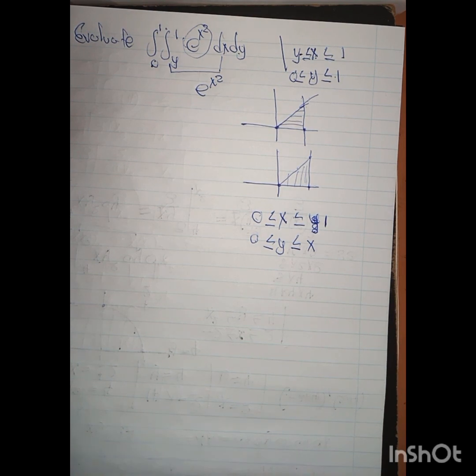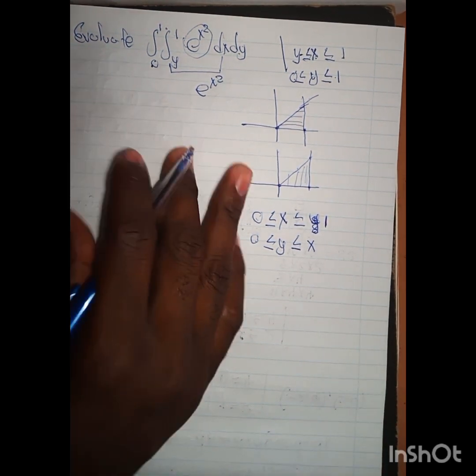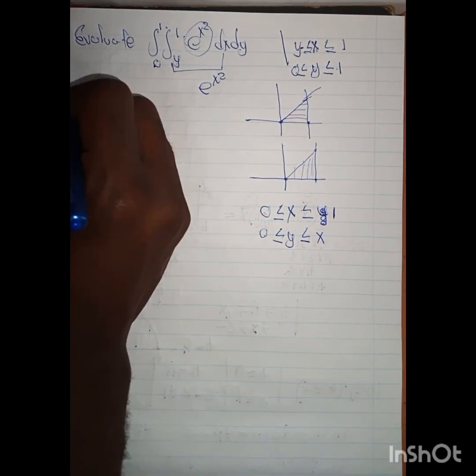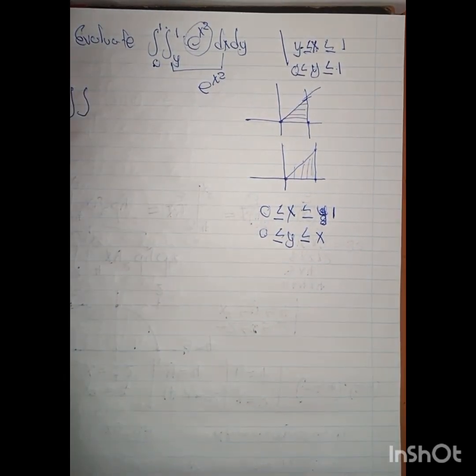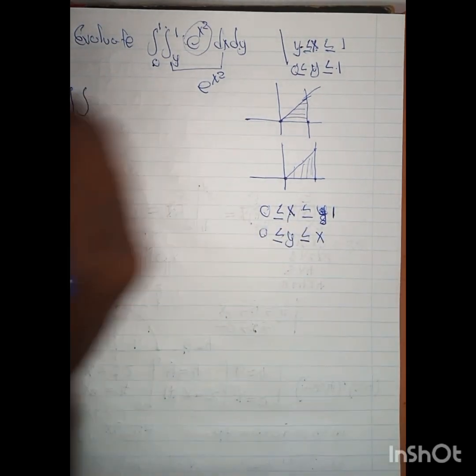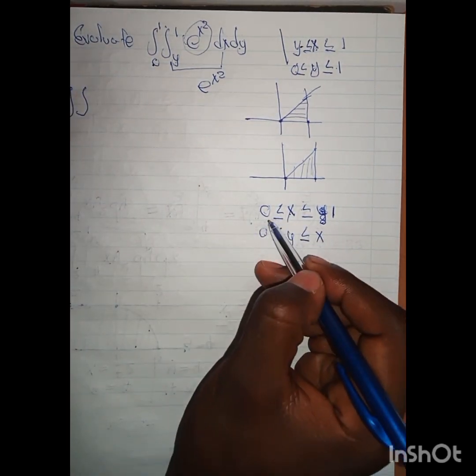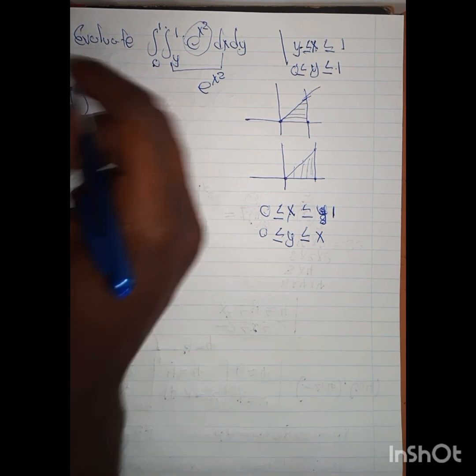Because now we've changed the limits of integration, let us write them in the double integrals. We have x, where x gives us the numerical values 0 and 1 on the outside.